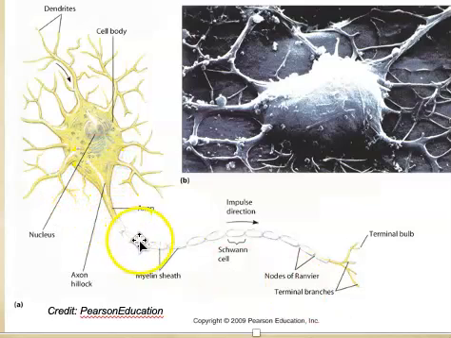Now, if we go down this axon, this is a myelinated axon. And you can see these sort of cotton ball white structures that are sitting all along the length of the axon. This is the myelin sheath. There are cells that are secreting this myelin in layers and layers and layers, but remember, it's not continuous.